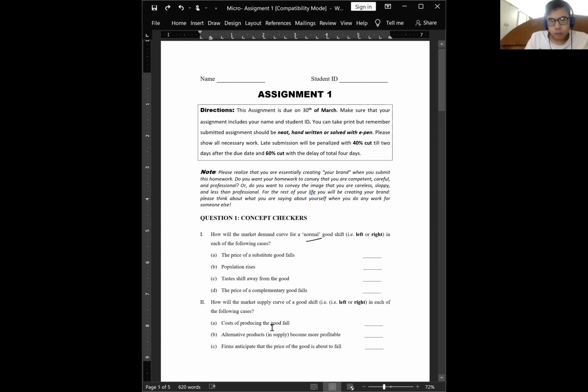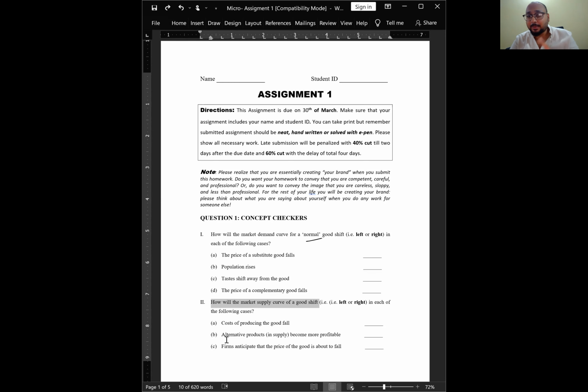Now the second one is, how will the market supply curve of a good shift in each of the following cases? Now this is a case of supply. Number one, the cost of producing the good falls. Simple. Shift to the right. Number B is alternative products becoming more profitable. What does it mean?